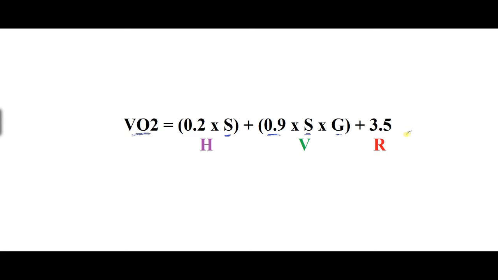So the R representing rest, and that's also a constant based on an estimated use of VO2 during rest, which will also be factored in along with these two exercise variables. And yeah, that's it. That's the equation. So from there, we're going to look at different factors.